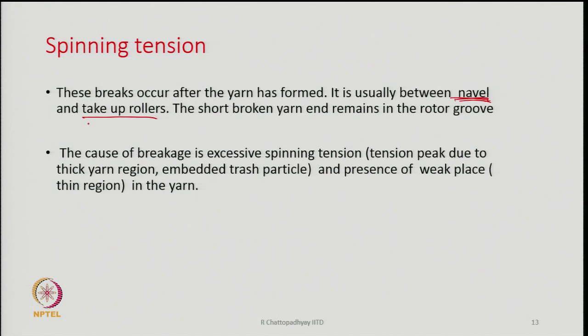That basically means that the breakage has occurred between the navel, or the take-up nozzle, and the take-up roller, where the actual tension is maximum. Sometimes the yarn may break there. If it breaks there, part of it goes forward onto the package, and the rest of the yarn will be sucked back and stay in the rotor groove.